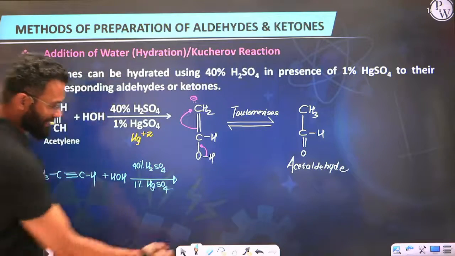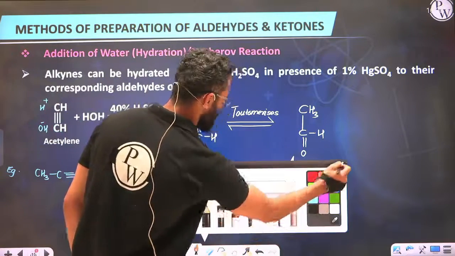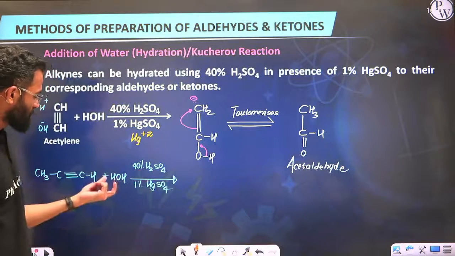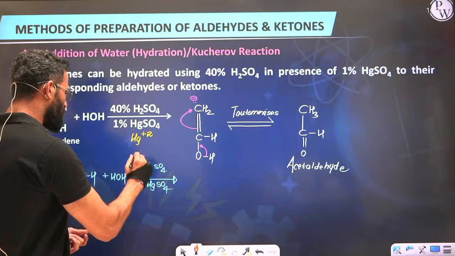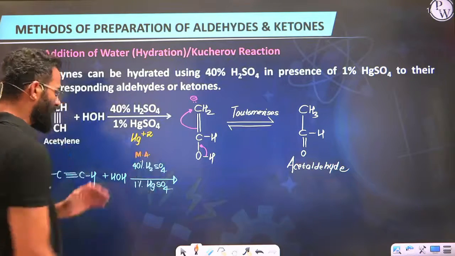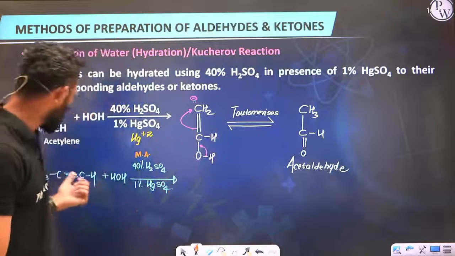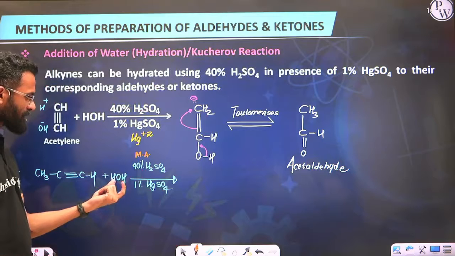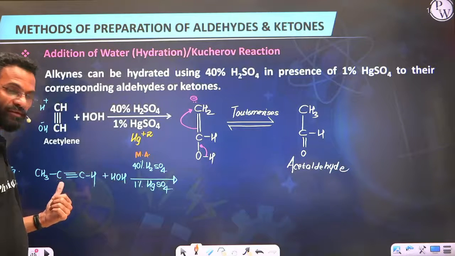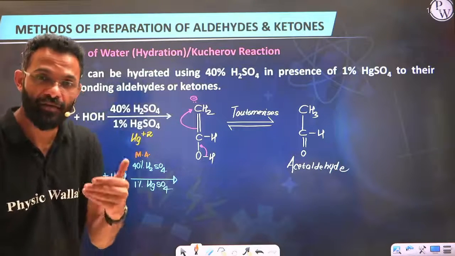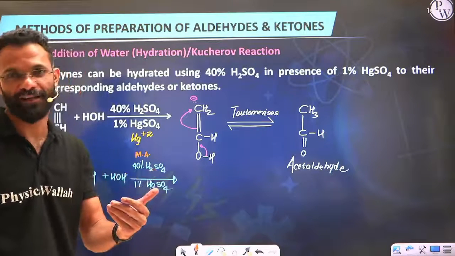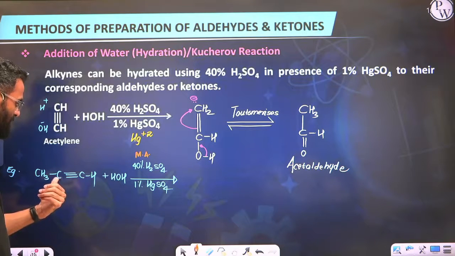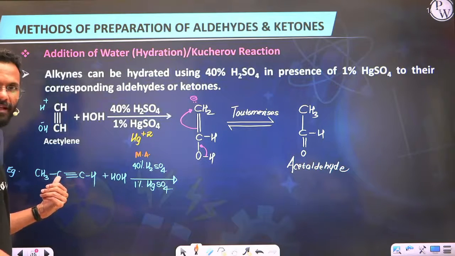So what will happen? Like I said, when we are adding water catalyzed by mercury, this reaction always follows Markovnikov addition. Why it happens is, if you go through the mechanism, the pi bond attacks Hg plus 2 to give cyclic mercurinium ion, then the negative part will always attack the carbon which is more substituted, or the carbon which resembles the more stable carbocation. Naturally the carbon to which the substituent is present will be more stabilized, resembling a more stabilized carbocation.